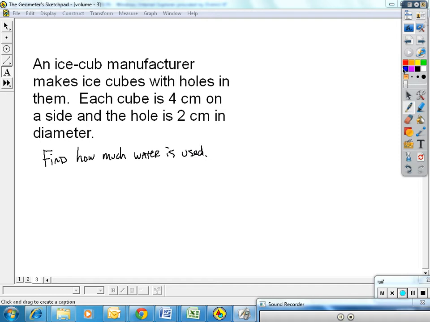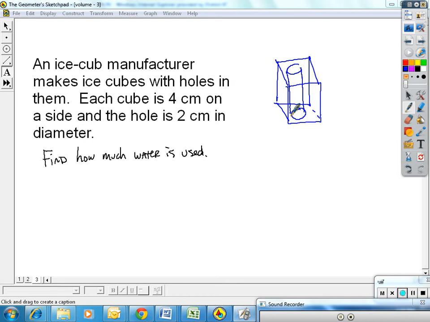Let me draw a picture of this. So we have a cube there, and then, maybe you've seen these at a restaurant, you see that there is a hole that comes right out of the center.